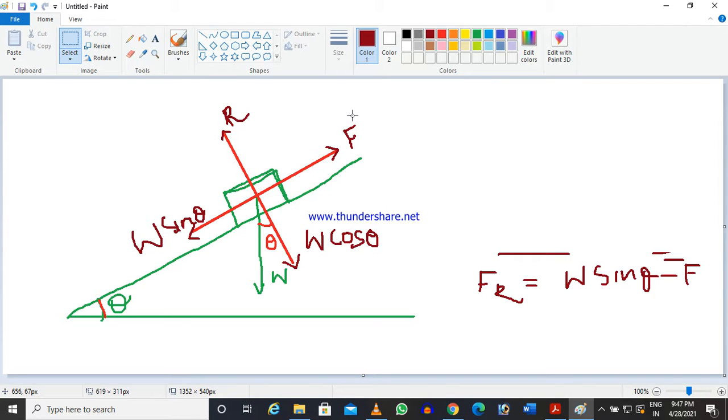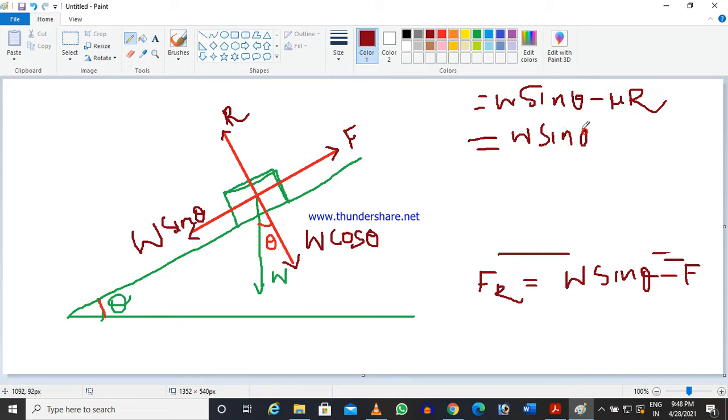So what is the value of f? That is equal to w sin theta minus mu into r. What is the value of r? The value of r is w cos theta, so mu w cos theta.